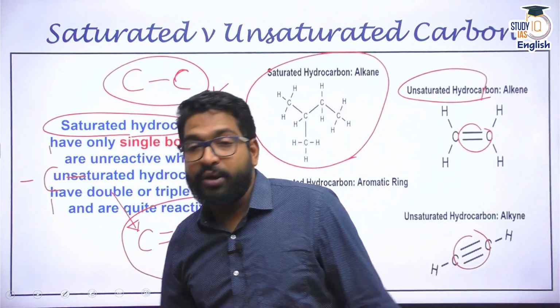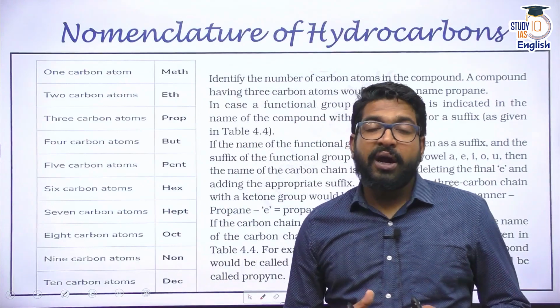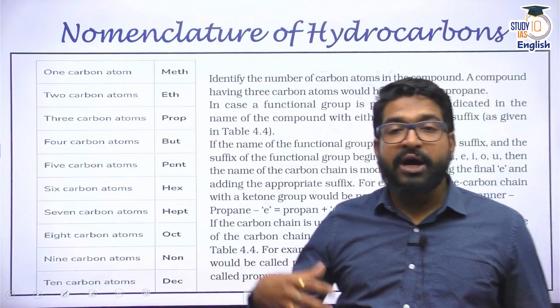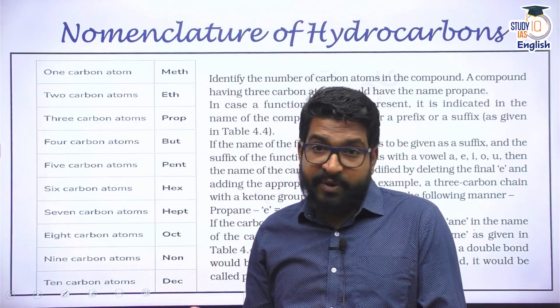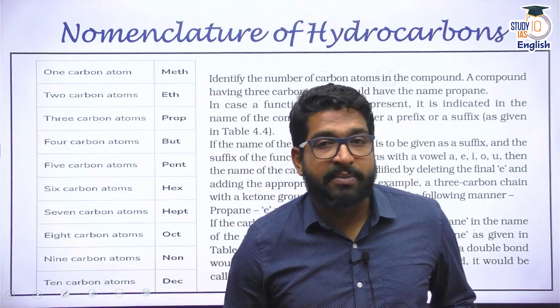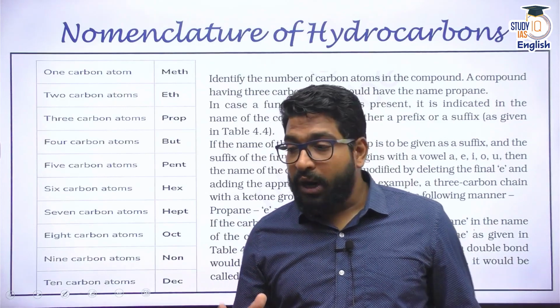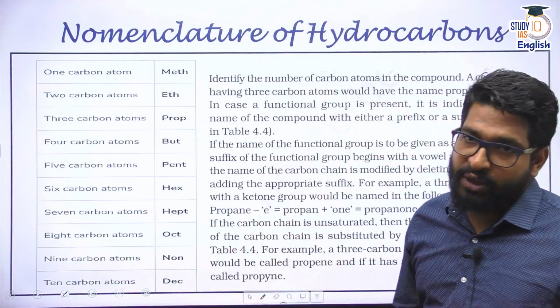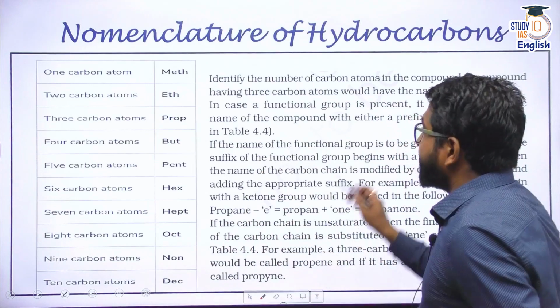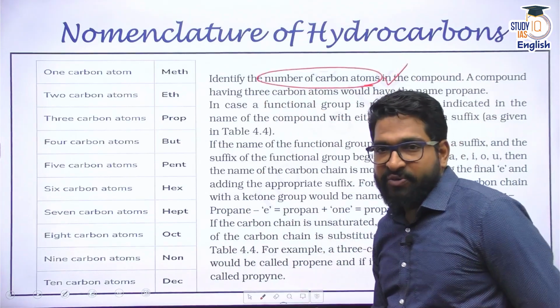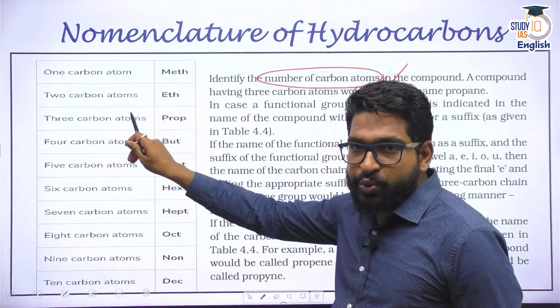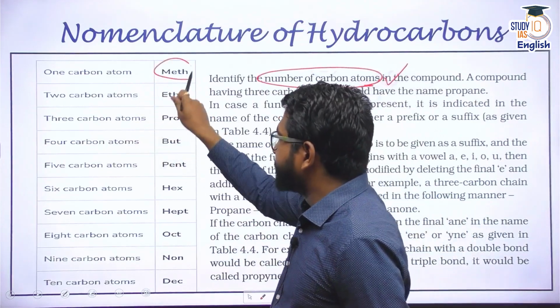All right. Now the next thing, how do we name these hydrocarbons? Hydrocarbons are a class of compounds with different frameworks because of the catenation property of carbon. How do we go about the nomenclature of hydrocarbons? The first thing we see is the number of carbon atoms. If the number of carbon atoms is 1, we use the prefix meth.